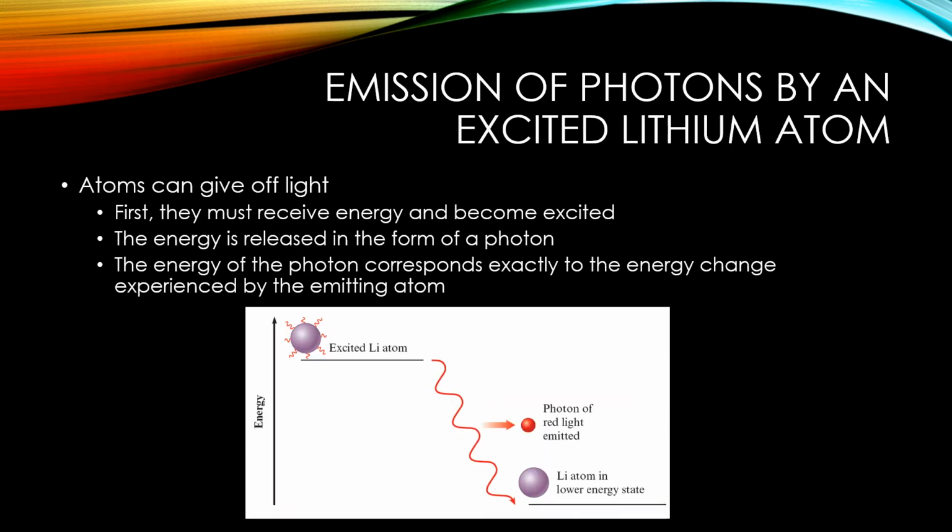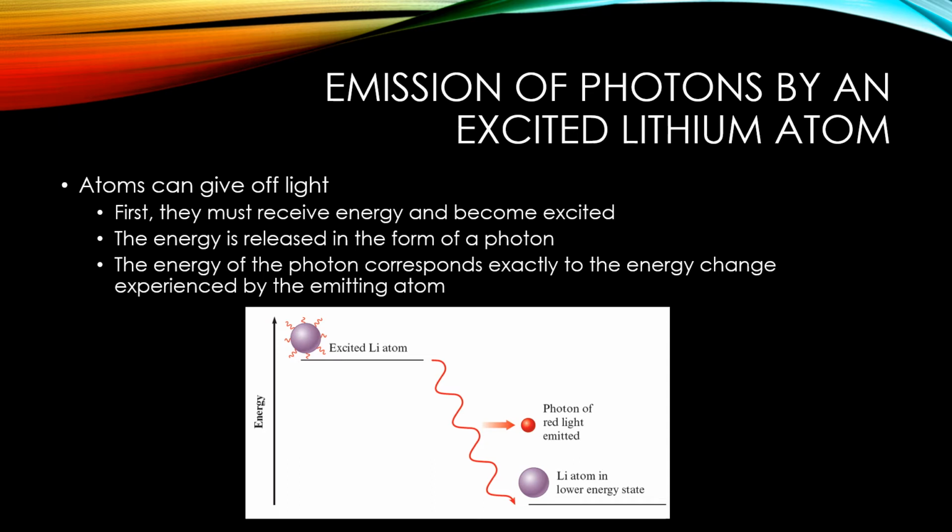Now, Bohr's work can extend to other atoms besides hydrogen. You can see here an excited lithium atom, which, again, you saw in the flame test lab, produced a reddish color. When you have the emission of photons by a lithium atom, it's the same type of principle. The first thing that has to happen is they must receive a specific amount of energy and become excited.